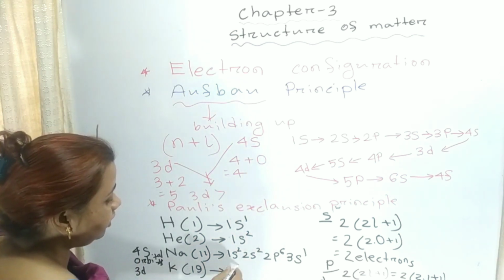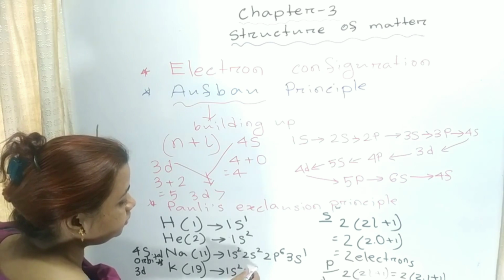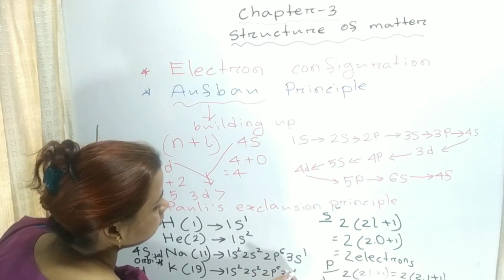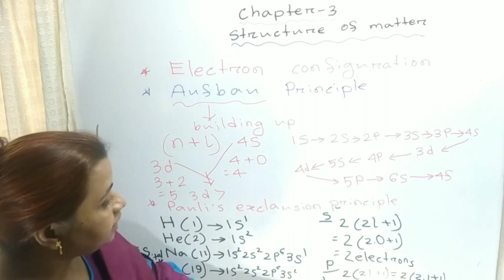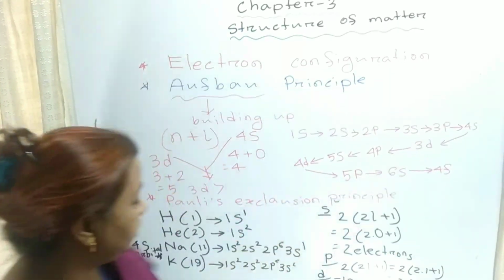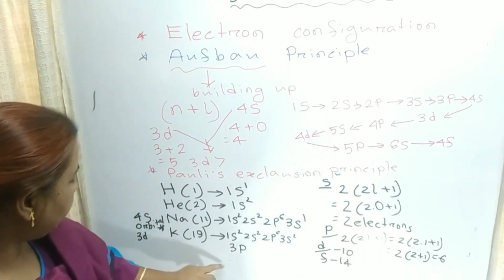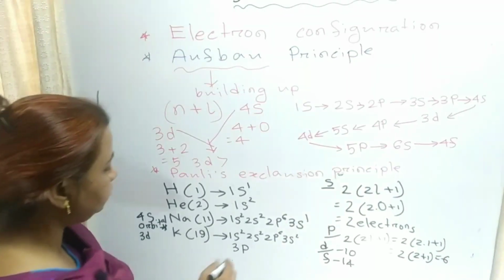At first 1s2, 2s2, 2p6, 3s2. Then after 3s, what is the sequence? 3p. Electrons will enter into 3p. Total how many electrons can enter in the p orbital?